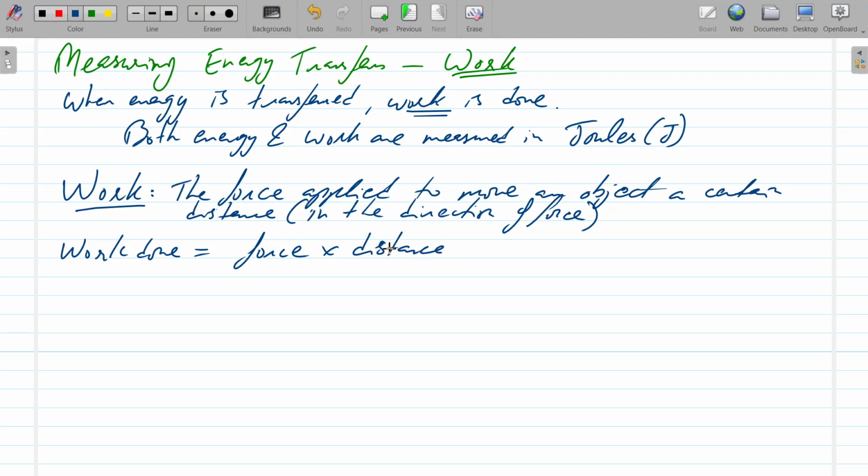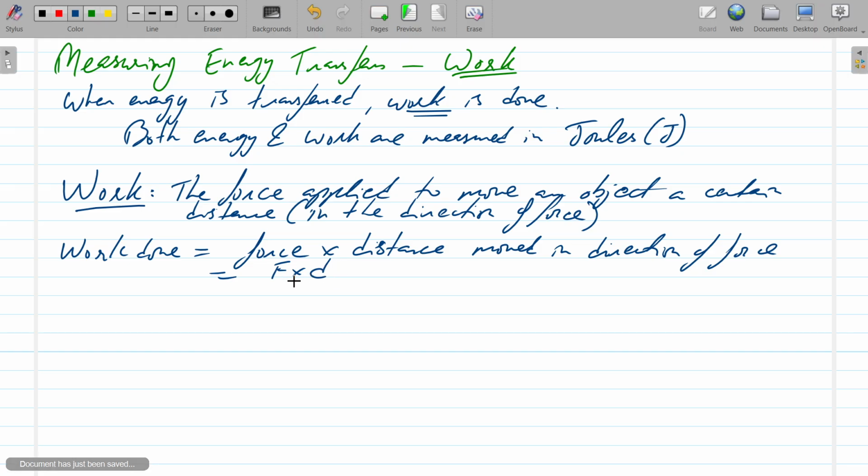In the direction of the force is important. Or F multiplied by D.